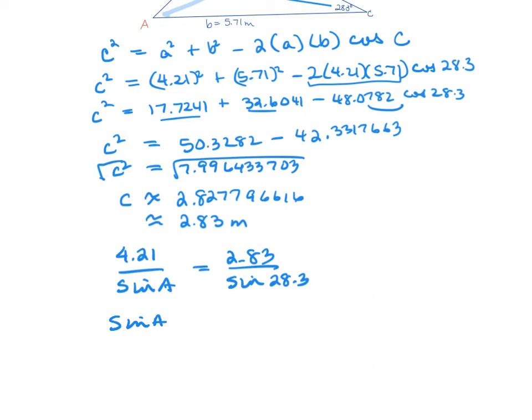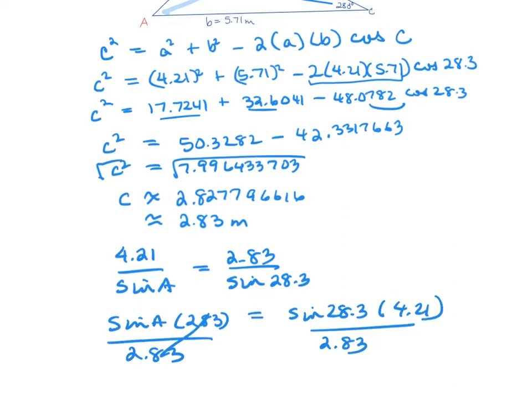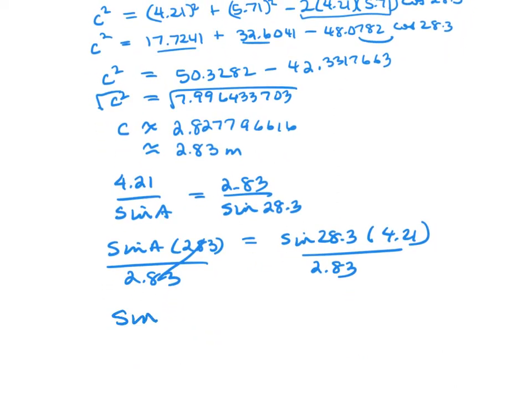So the sine of A times 2.83 equals the sine of 28.3 times 4.21. Divide both sides by 2.83. And now I have sine of A is equal to 0.70526,90318.